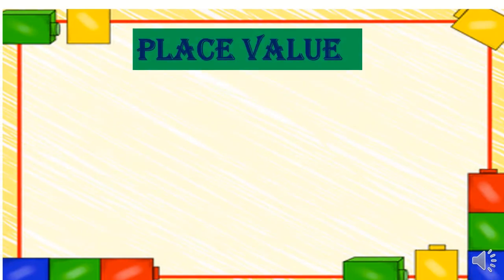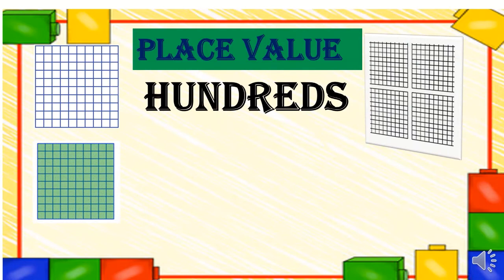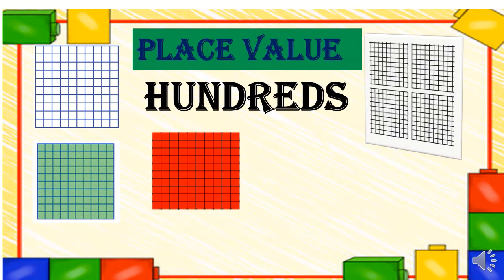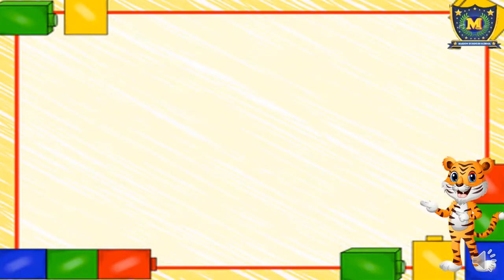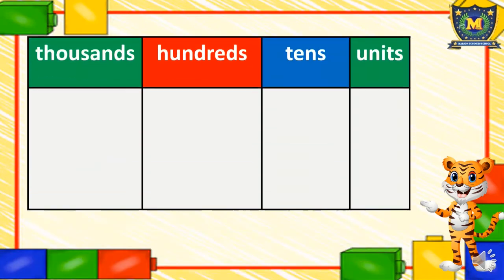Place value. We are now on the hundreds place. Remember that 1 flat is equal to 100. Now I am going to show you how to set up flats on their place value. To set up, we need this beading board.